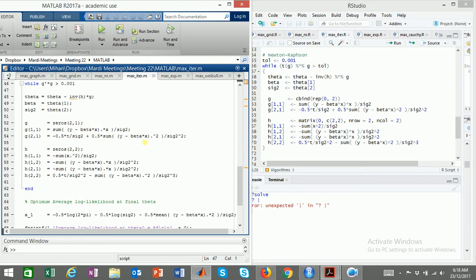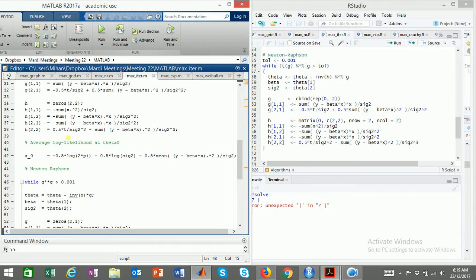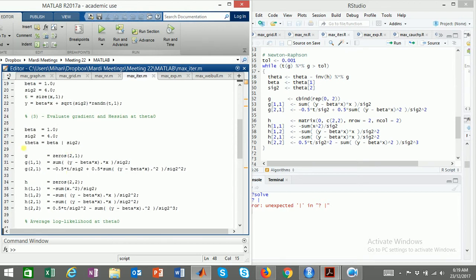So again we pass in everything. This is the point of making functions. We make a function where we pass in theta, beta is the first element of theta, and sigma square is the second element of theta. You see, there is no theta naught or theta 1, there is just theta, and in theta we are passing in the value we have already calculated.